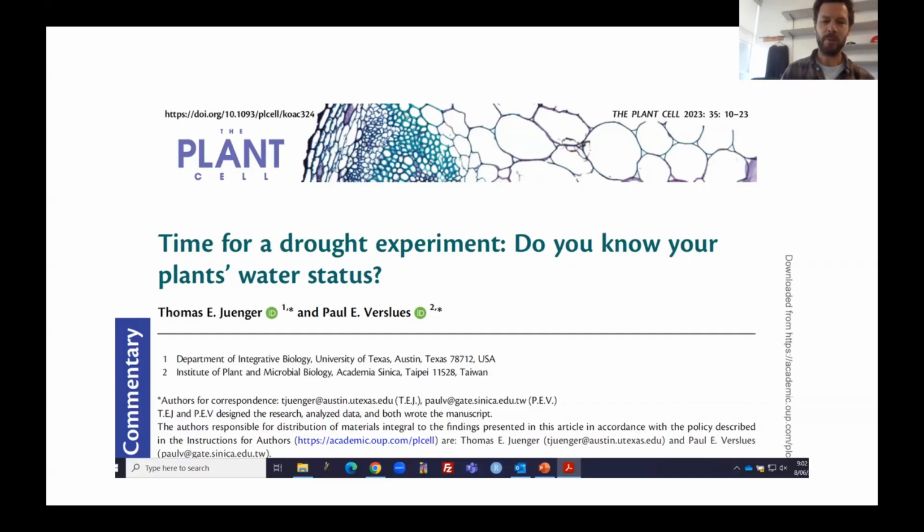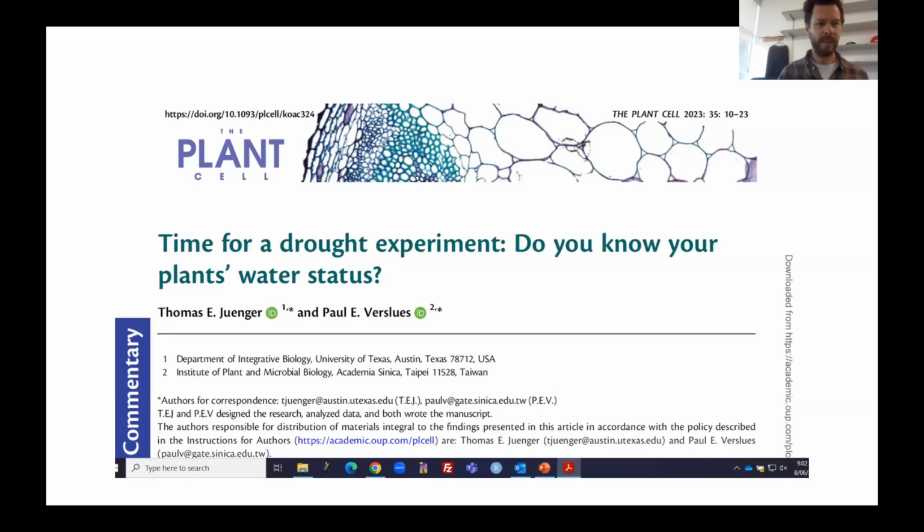It also occurred to me that a lot of those experiments were very much genetics focused, and that it would be useful for people running genetics type experiments to get a sense of how you might understand the physiological response of plants to drought.